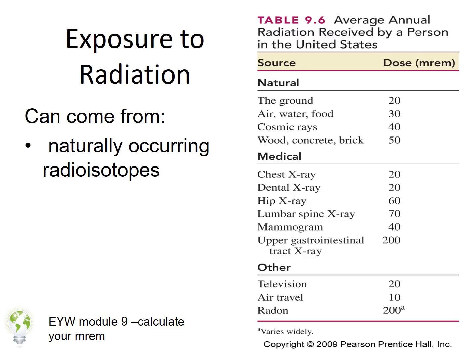You may be getting as much as 200 millirems annually from radon gas. You can actually test for radon gas in your home and see if your house has a dangerously high level of radon. If you would want to do it on Cobra, there's actually an Explore Your World Module 9 that will allow you to calculate your millirems for your annual dose to see if you in particular are being exposed to a lot of radiation.